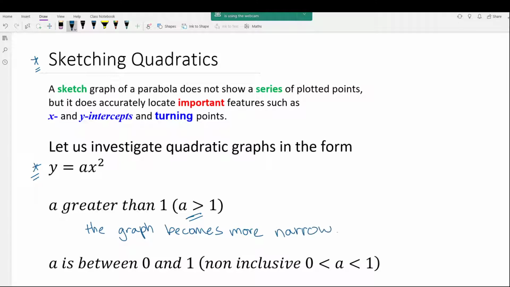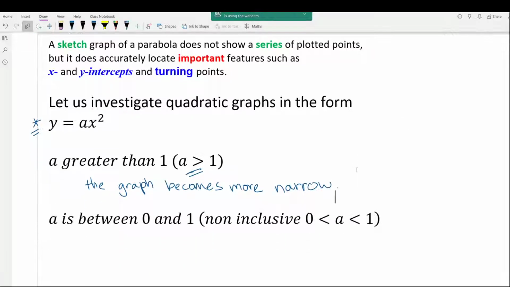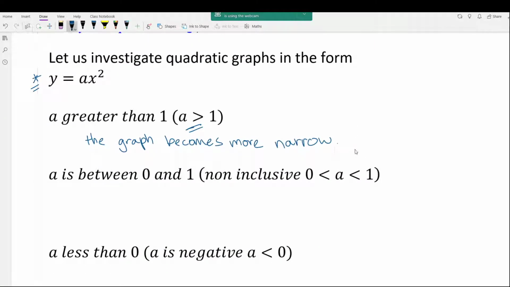And when a is between 0 and 1, the graph becomes wider. So it's been stretched out.